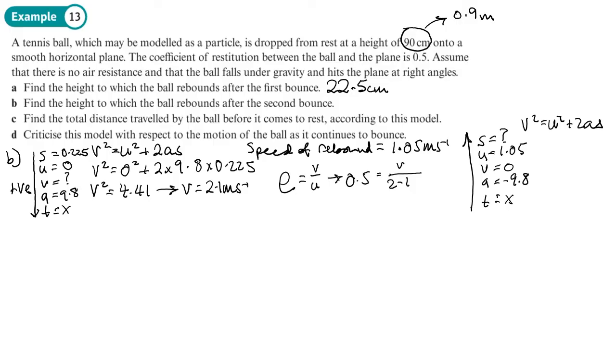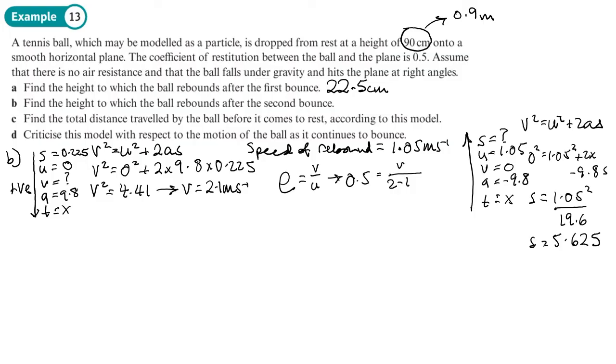So V squared, 0 squared, is 1.05 squared plus 2 times negative 9.8 S. So S will equal 1.05 squared divided by 19.6. Let's work that out. 1.05 squared by 19.6, and we'll get 5.625.